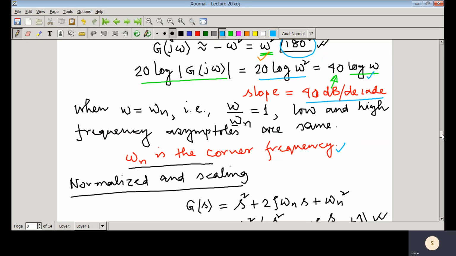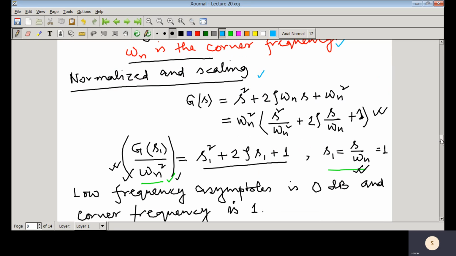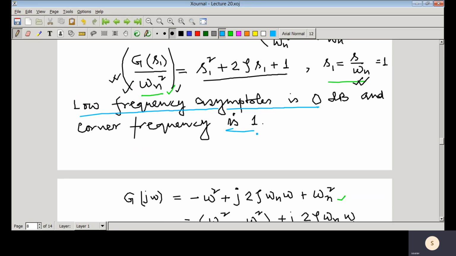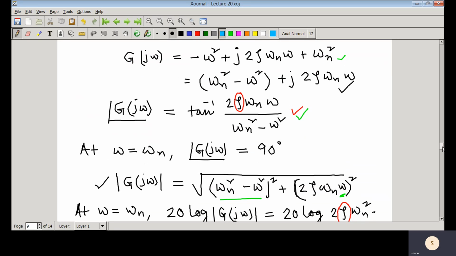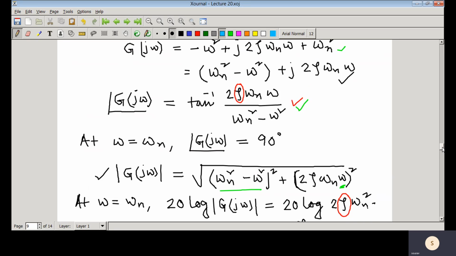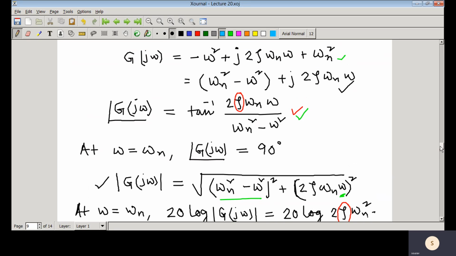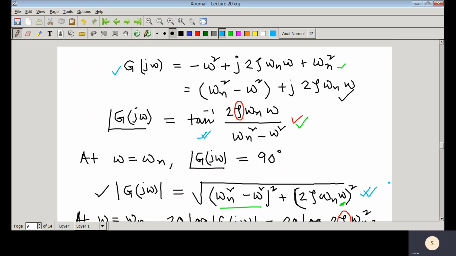And now we can also represent it in normalized and scaled form, as we have shown. If we represent it in that form, then the low frequency asymptote is 0 dB and the corner frequency is 1. Now we are discussing what the exact angle and magnitude would be. The angle comes in that form and the magnitude becomes this one.